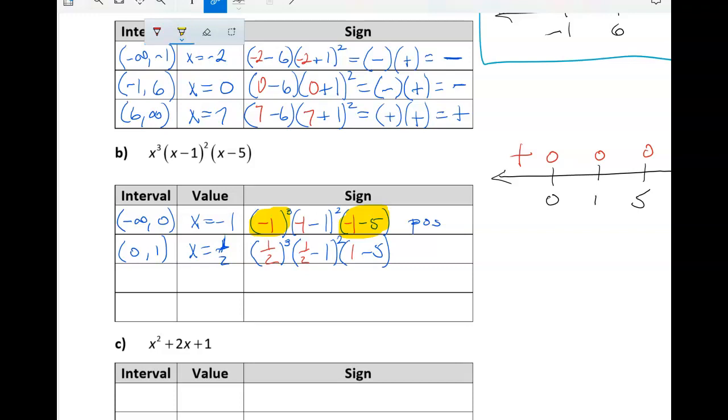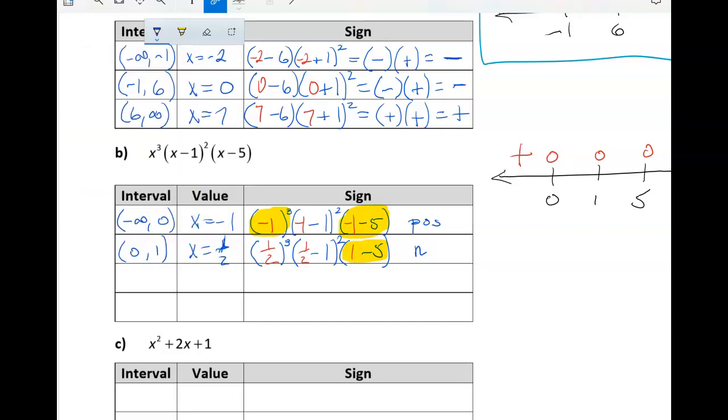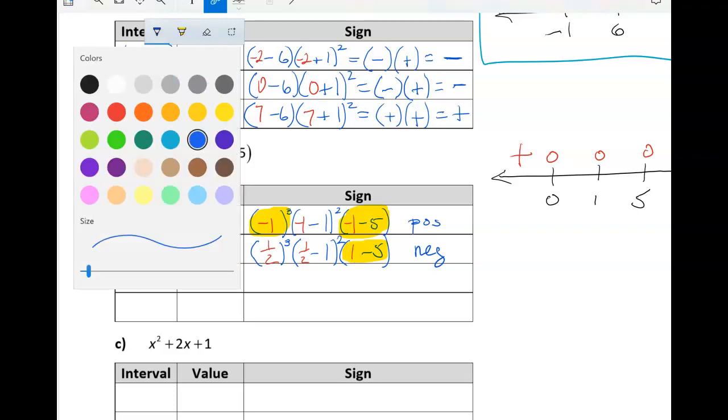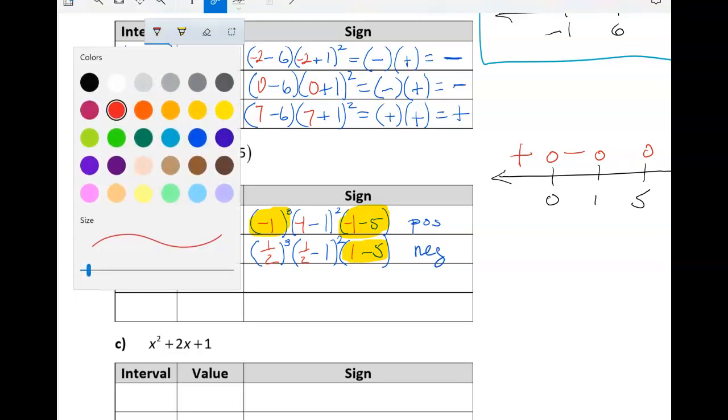So a half cubed is a positive number, so I'm not going to mark off that one. A half minus 1 is negative, but when we square it, it's positive. And 1 minus 5 is negative, so I'll mark off that one. We have just one negative factor, so that means overall the value of the polynomial there is negative. Mark that off on your number line.